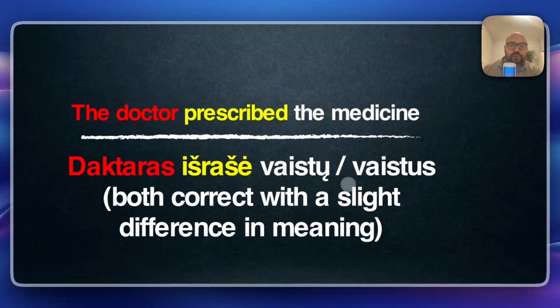Now, in this situation, both are correct. That meaning either genitive or accusative. Both of those are correct, with a slight difference in meaning. It's a very weird one, and I wouldn't think about it too much because both work perfectly.